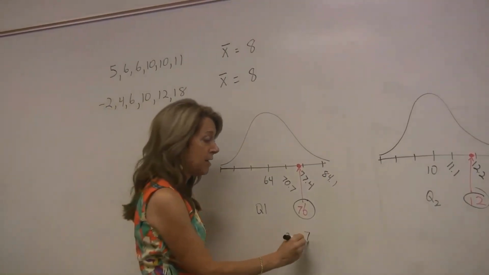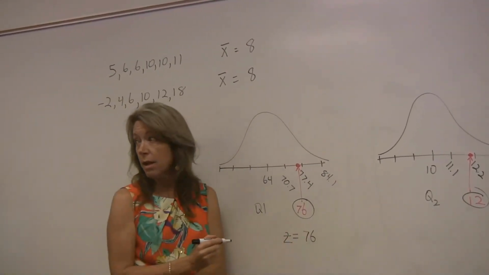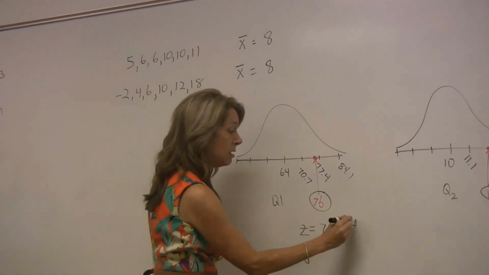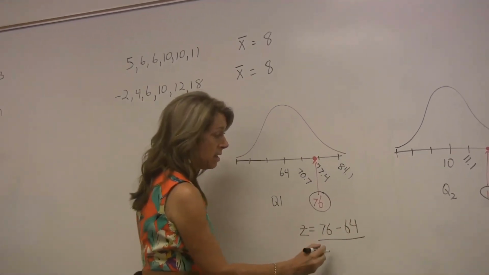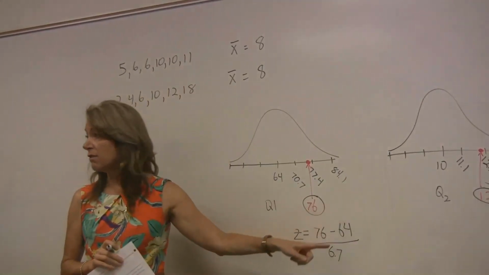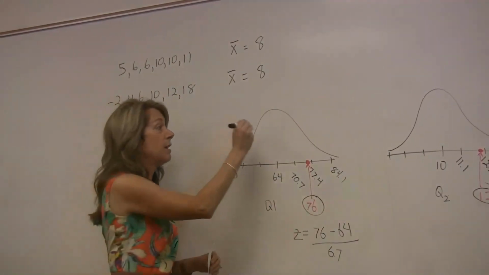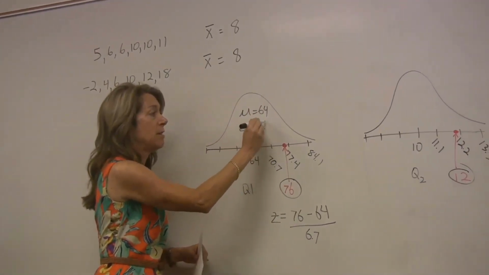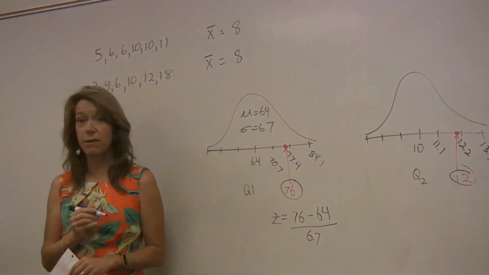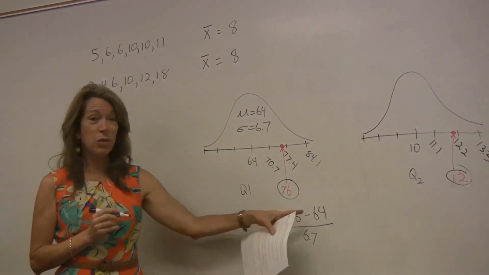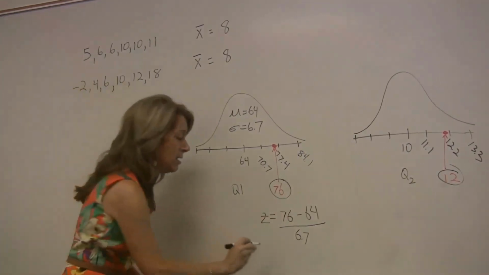I start with the 76 minus the mean divided by the standard deviation. This is the information from the first quiz, right? We were given mu equals 64, sigma equals 6.7. So I plug that in there. Subtract first, then divide. Tell me what you get.